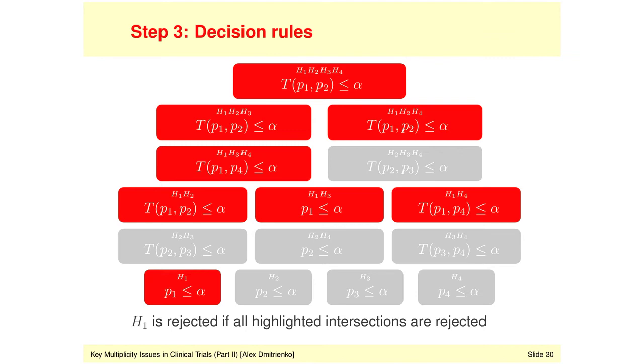This is by construction, by the closure principle, and in addition, it accounts for relevant distributional information. This is accomplished by using an appropriate local test within each box within each intersection in this closed family. And finally, by construction, by using the restricted local test, this procedure is going to incorporate the clinically relevant logical restrictions.